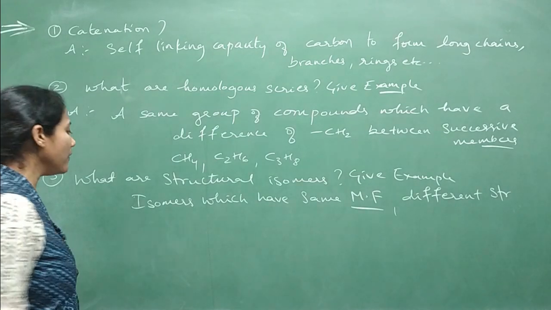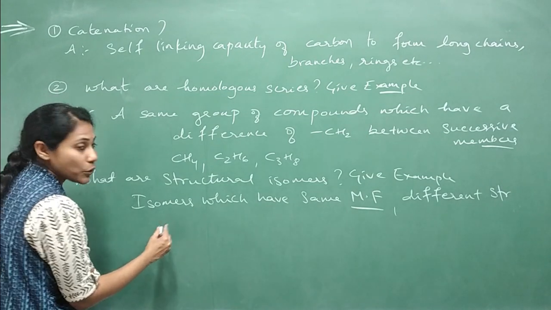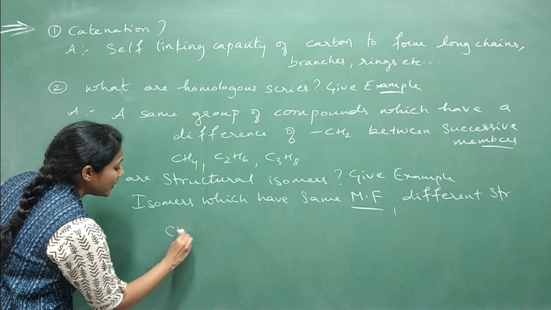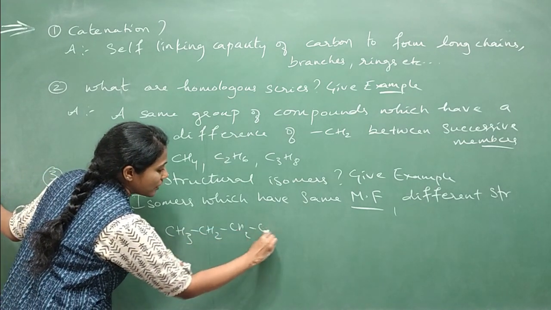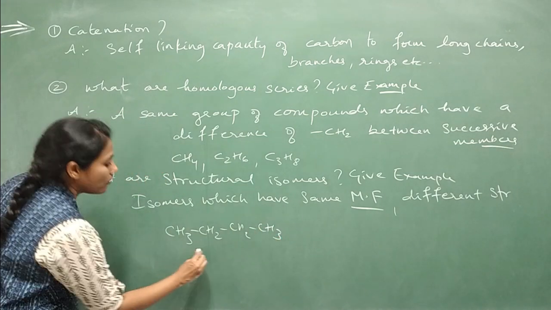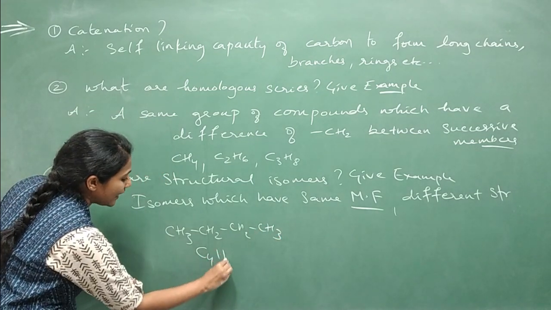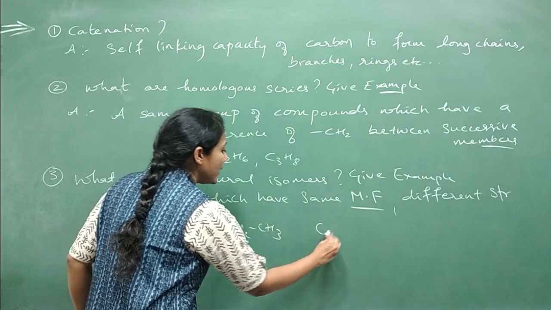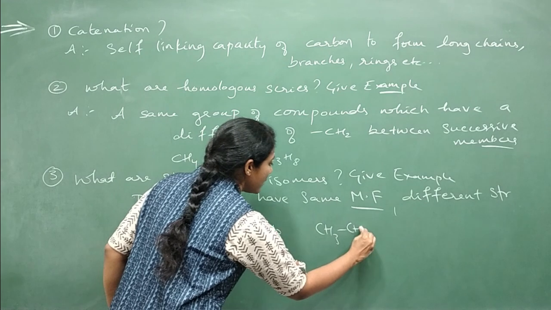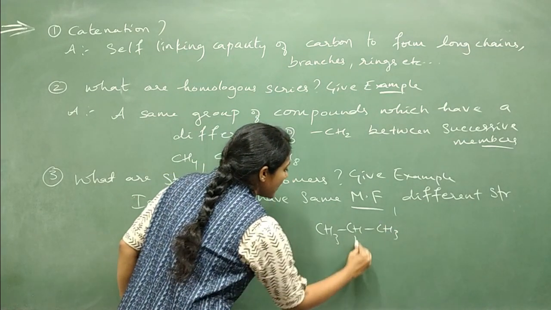So they asked you to give examples, no? You can give isomers of butane. So how do you write butane? CH3, CH2, CH2, CH3. This is called butane. What is its formula? C4H10, isn't it? And what is the other way of writing butane? CH3, CH, CH3, CH3.